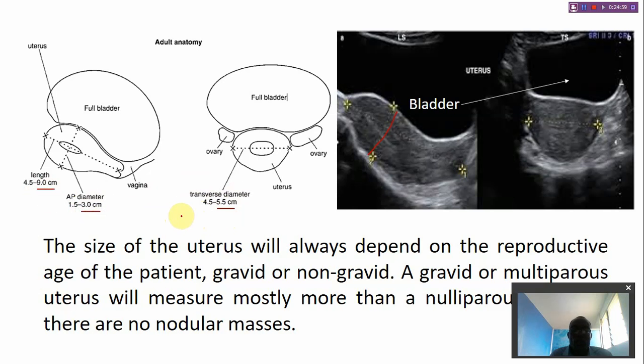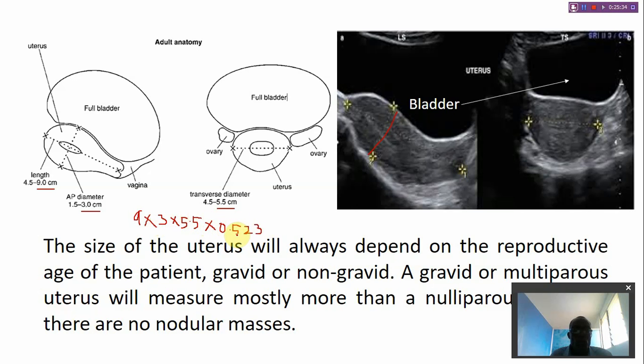So to find the volume of the uterus, you multiply 9 by 3 by 5.5 by 0.523.